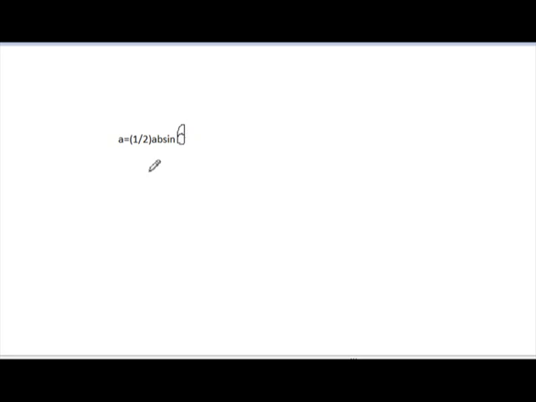So that's the area of the triangle. In this case your area will be equal to 1/2 times 4 times 4 times sine 130.